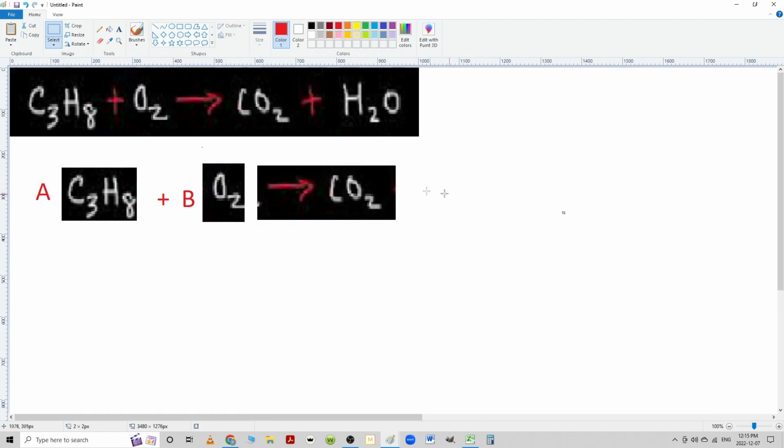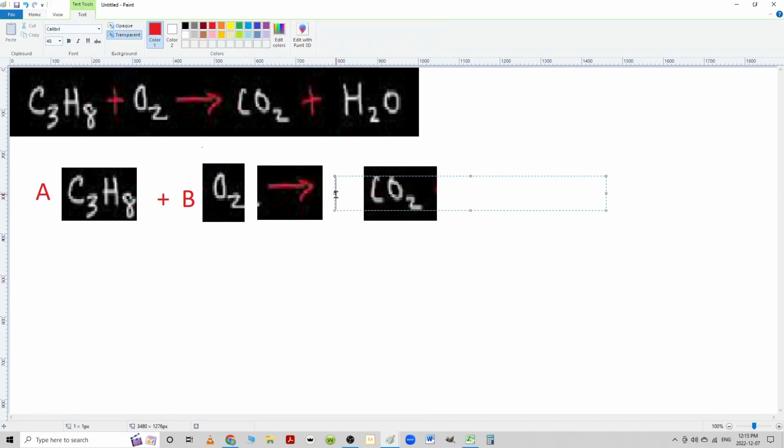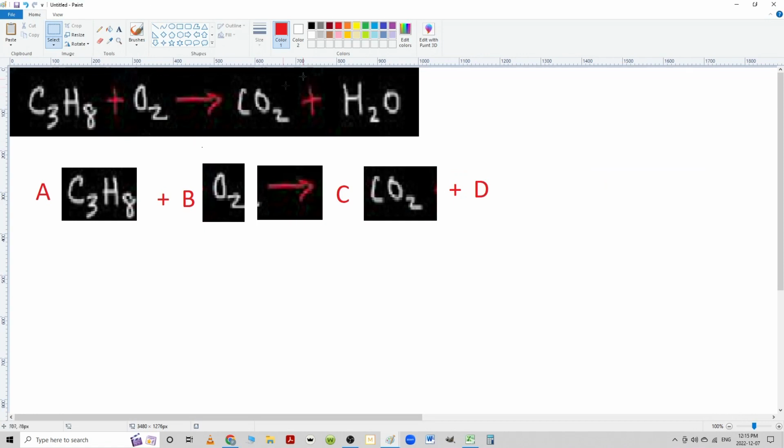There's a missing C in front of this CO2, and then finally plus a missing D variable in front of this. Once you get this technique down, you'll love it, by the way.